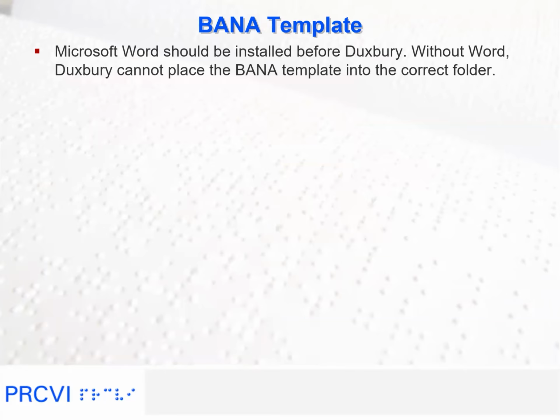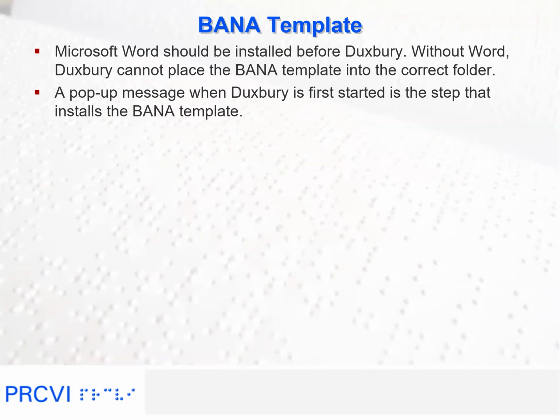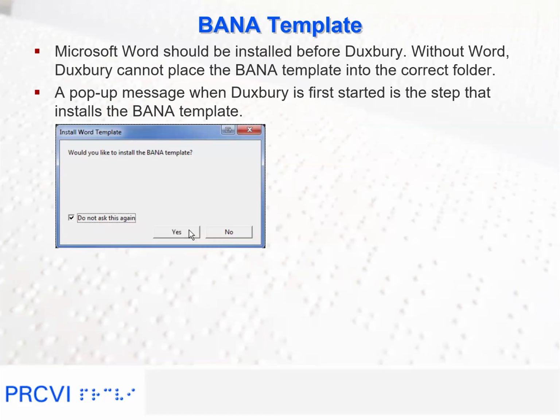Microsoft Word should be installed before Duxbury. Without Word, Duxbury cannot place the BANA template into the correct folder. A pop-up message when DBT is first started is the step that installs the BANA template. You need to answer yes to, would you like to install the BANA template?